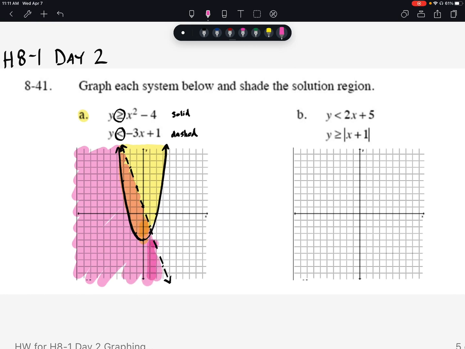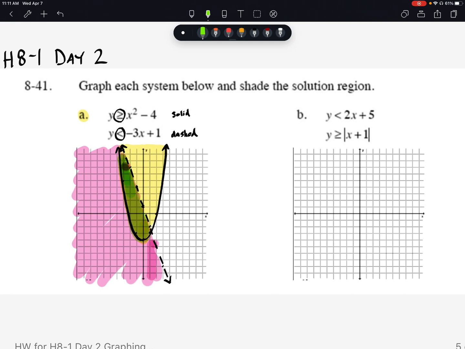And then you'll see there's kind of an orangish tint. That is where our shading overlaps. So if I use a green color, hopefully you can see that, this green region is where our solutions to this system would be located.